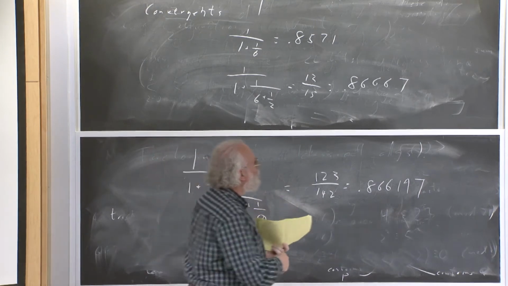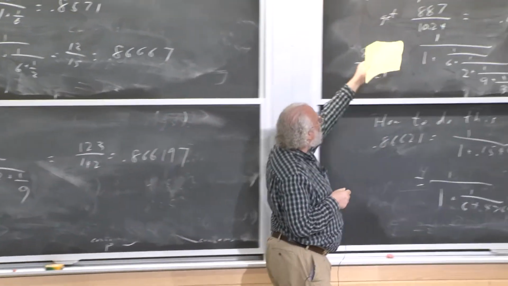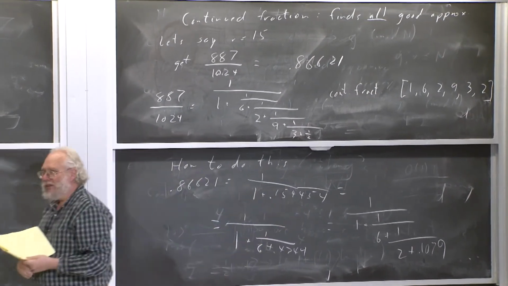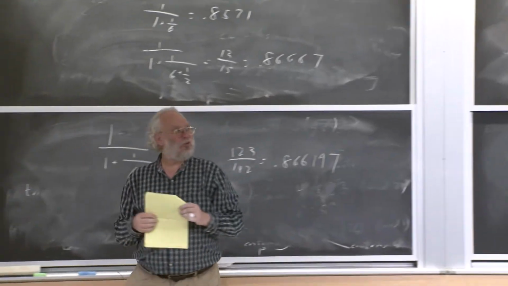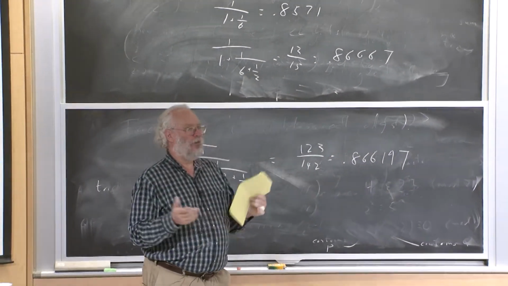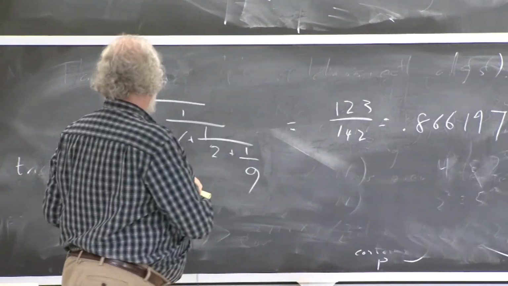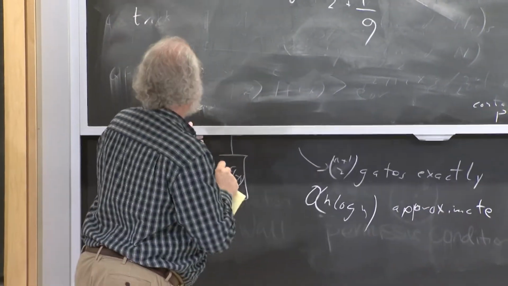But I'm not going to prove either of these, because proving it finds all good approximations is a little bit tricky, and proving that it actually is a good approximation in this technical term is also a little bit tricky. Although maybe I should write down what a good approximation is.